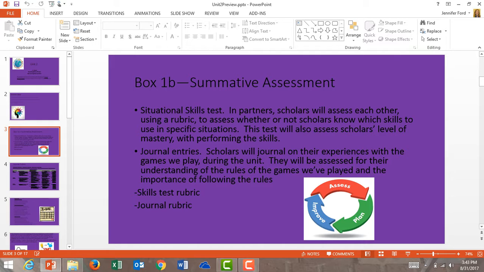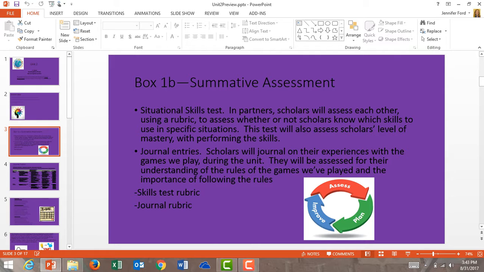So box 1B talks about our summative assessment. What I decided to do with this is have a situational skills test. Basically, scholars will get together in partners and assess each other using a rubric.